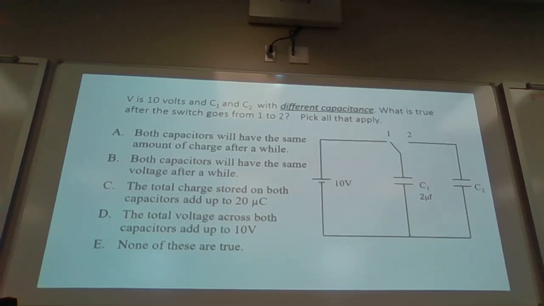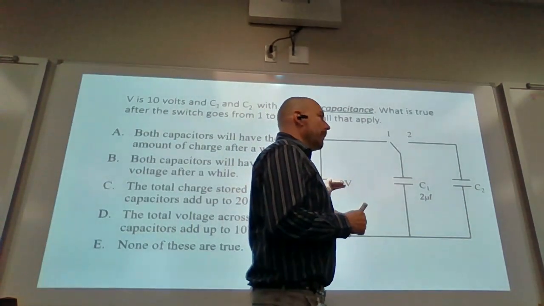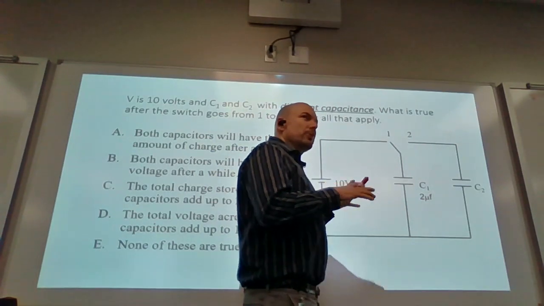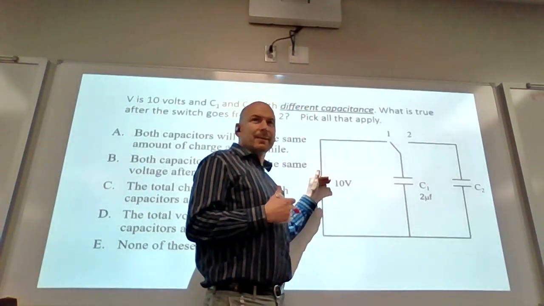Okay, let me just throw out this. Here's what's always true: Kirchhoff's loop rule, Kirchhoff's junction rule. In this case, you're just going to do Kirchhoff's loop rule: voltage gain equals voltage drop. Thinking about series and parallel falls apart because those circuits assume that this voltage source remains constant.